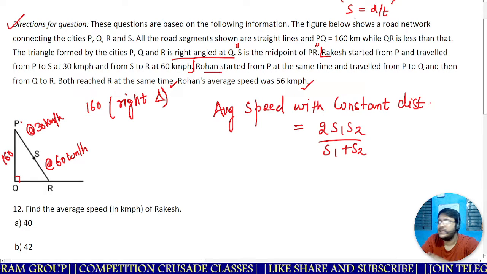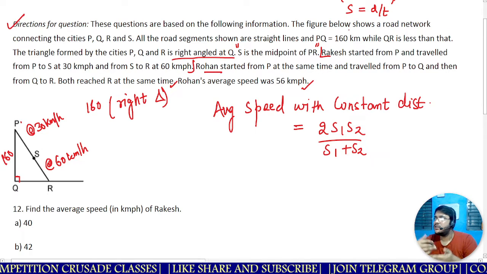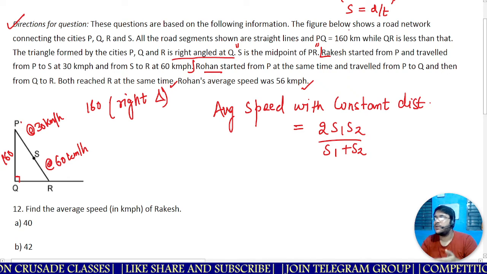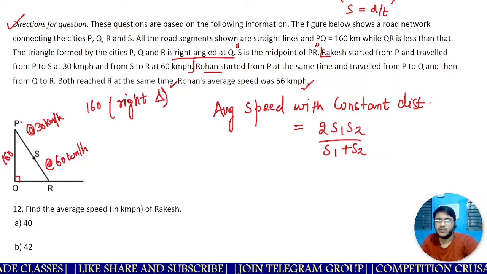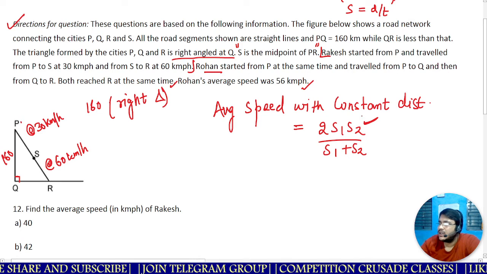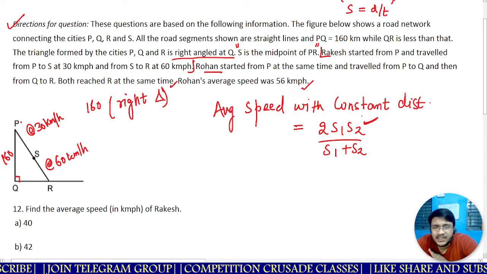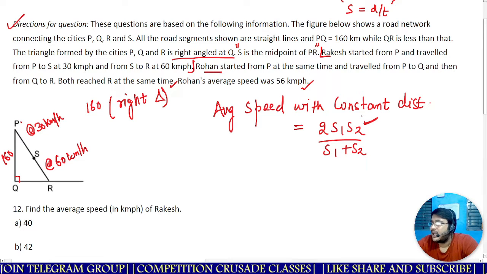So d plus d upon the total time, that is d upon s1 plus d upon s2, d gets cancelled throughout, 2 is common. Even if you are not a formula buff, if you do not remember the harmonic mean formula, that's completely fine.